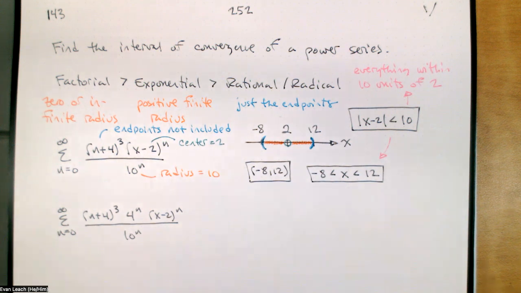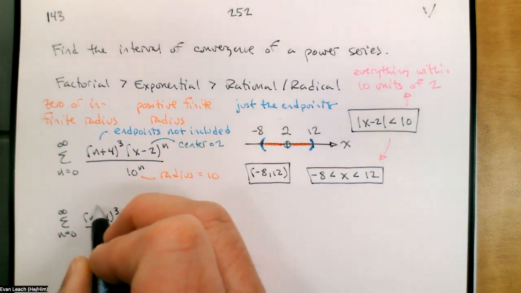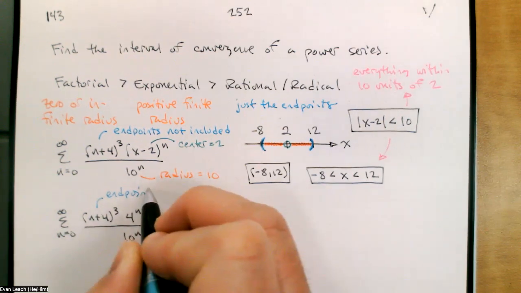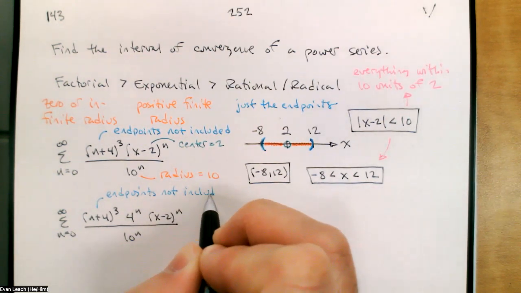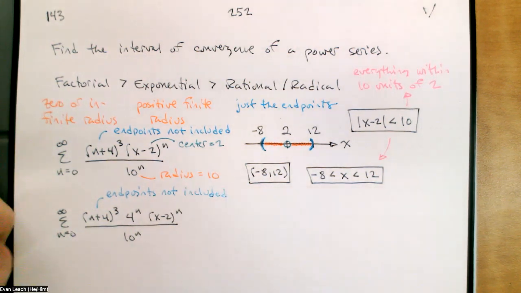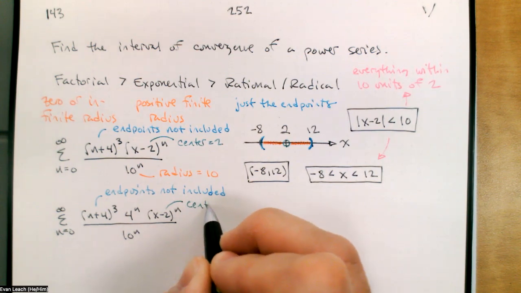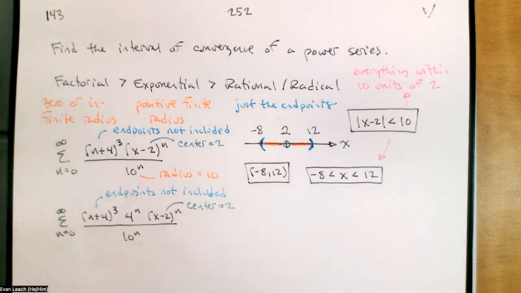A lot of this stuff has the same read on this. N cubed says that the endpoints will not be included, just like before. The x minus 2 to the n is telling us that the center is at 2. But now I don't just have a 10 to the n in the denominator telling me a radius is 10.